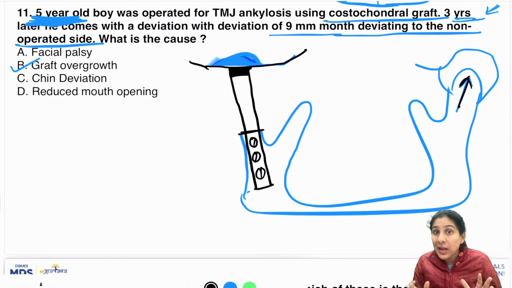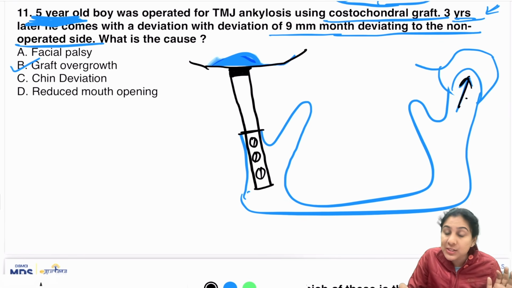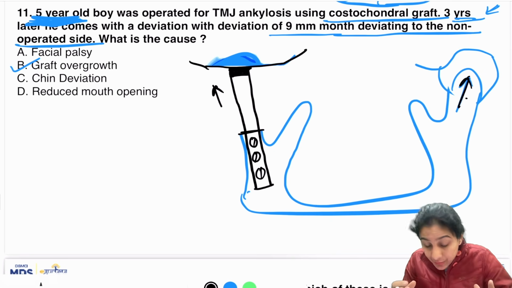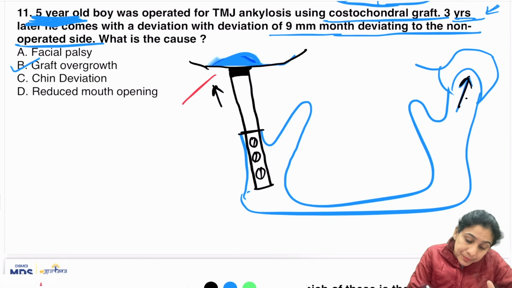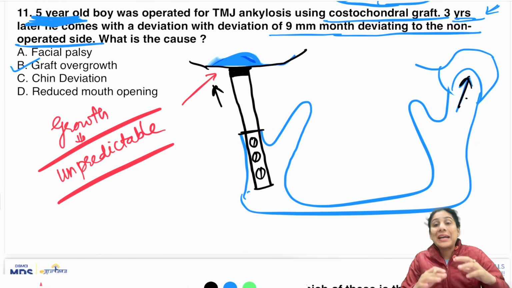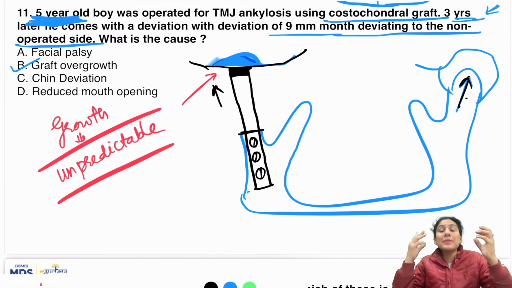Okay, now what will happen? Just like this area is growing, this area will also grow. Okay, so this is the beauty of the costochondral graft. But what is the problem? The problem is that the growth is unpredictable. If the child is lucky, the growth will be the same.